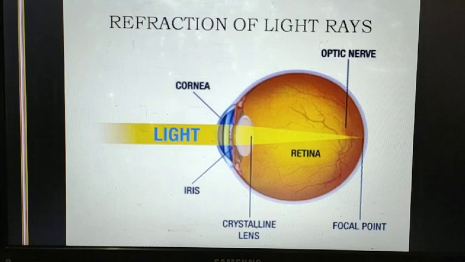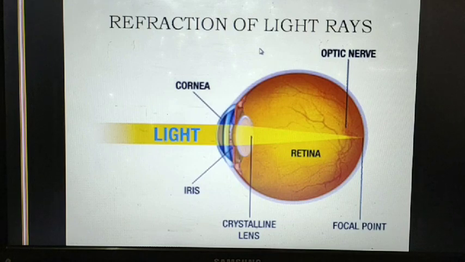Production of a clear vision involves two processes: refraction of light rays and accommodation of the eyes to light. First we'll see about the refraction of light rays.